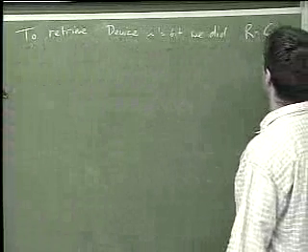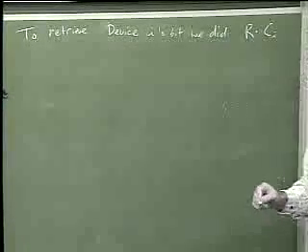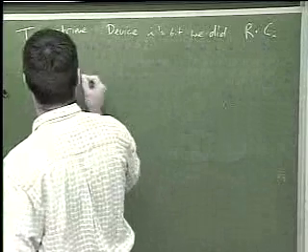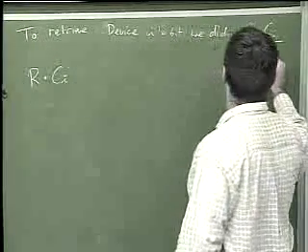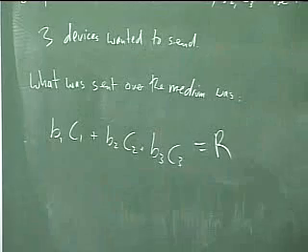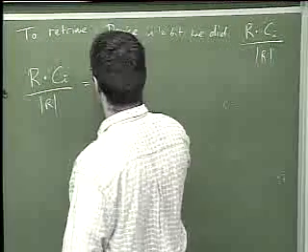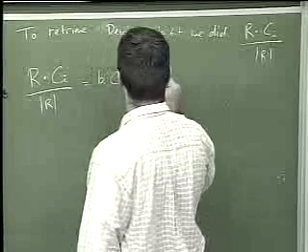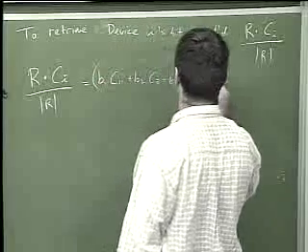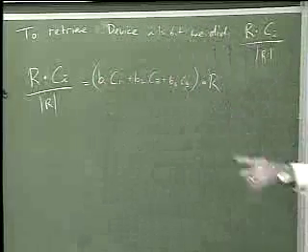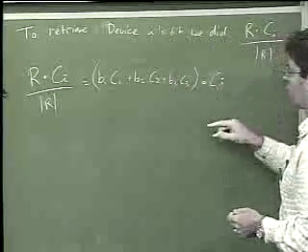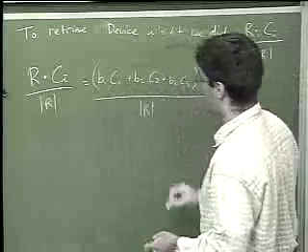We did R dot producted with C sub i, and then we divided by the magnitude of R. R dot product C sub i divided by R is, if we write it out, B1 C1 plus B2 C2 plus B3 C3, this whole thing dotted with C sub i, divided by the magnitude of R.